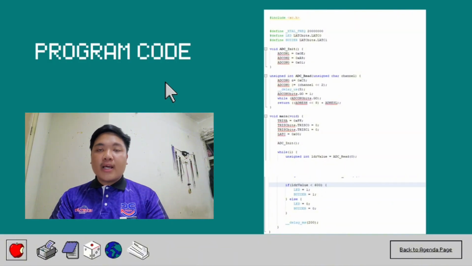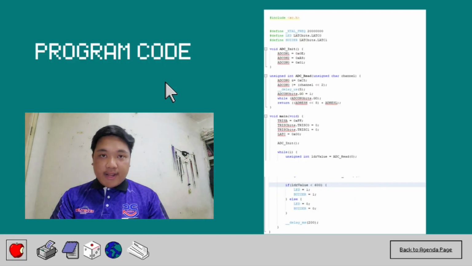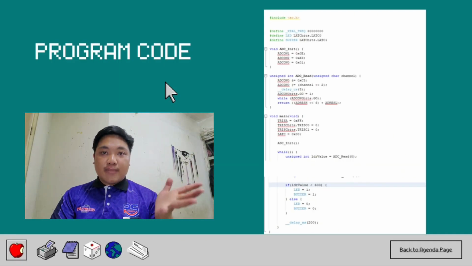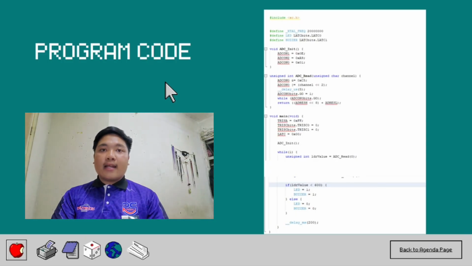RA0 is input and RC0 and RC1 are the outputs. It constantly reads the LDR value. If the light level is low, which in brackets means ADC is lower than 600, then it turns on the LED and buzzer. Else, it turns them off.